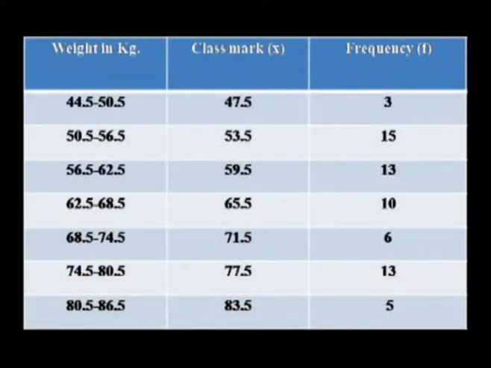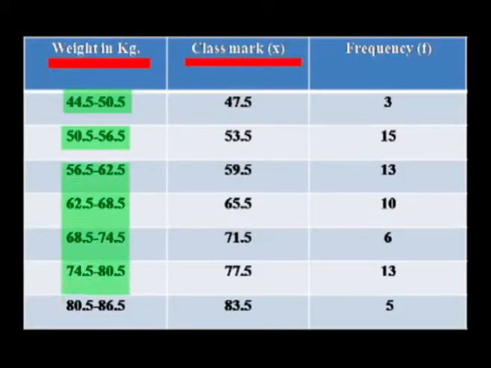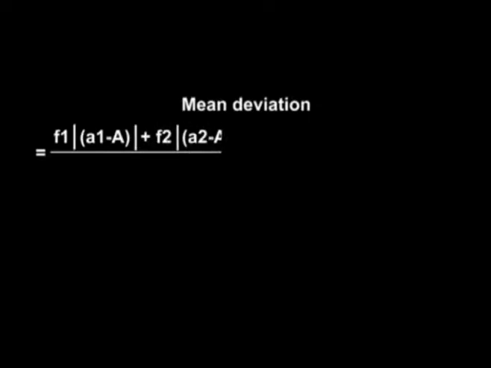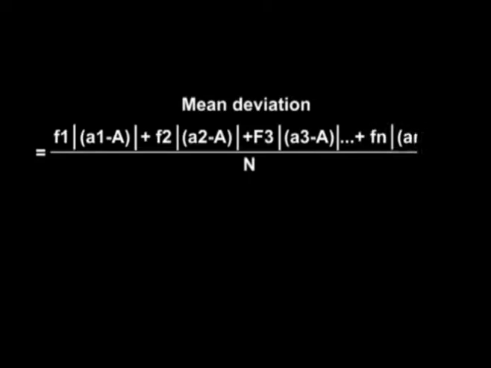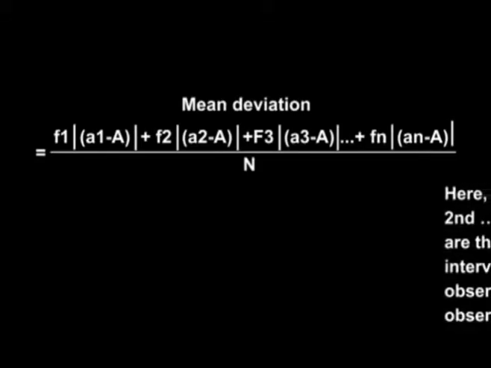Look at this table. You see weight in kg, 44.5 to 50.5. This is the first class interval. Second, 50.5 to 56.5. And the corresponding class marks and frequencies are provided. And how do we calculate? First, you see the formula: F1 times the absolute difference between A1 and A, plus F2 times A2 minus A, plus F3 times A3 minus A, and so on up to Fn times An minus A, and the whole is divided by capital N, that is the total number of observations.